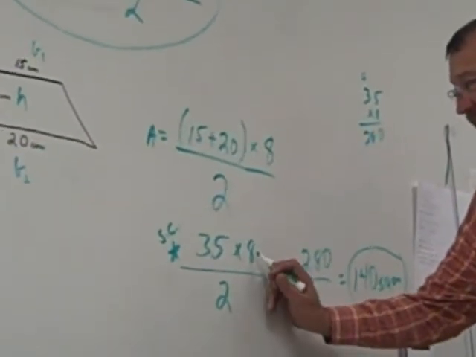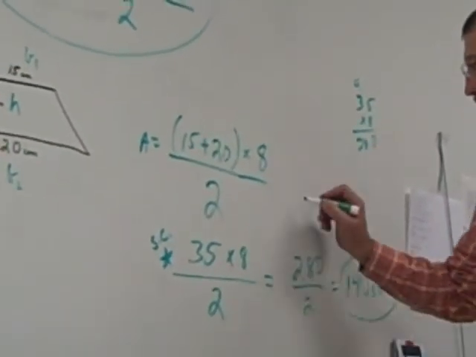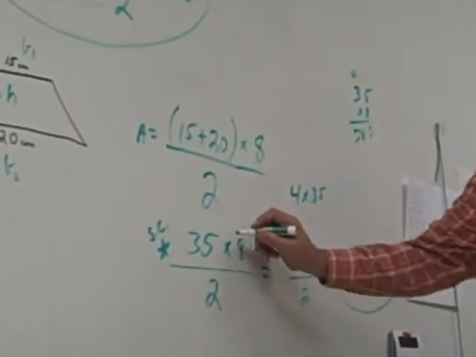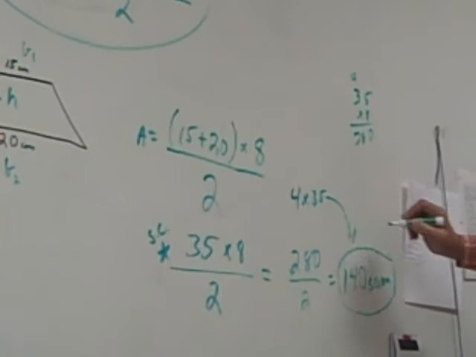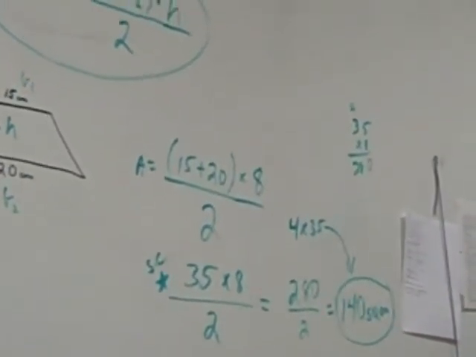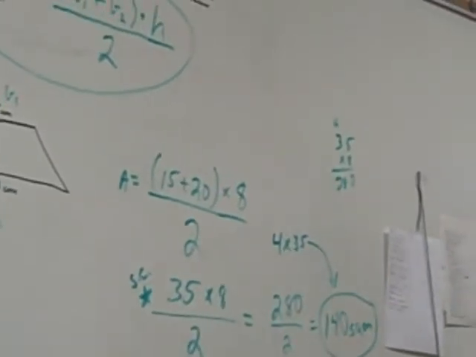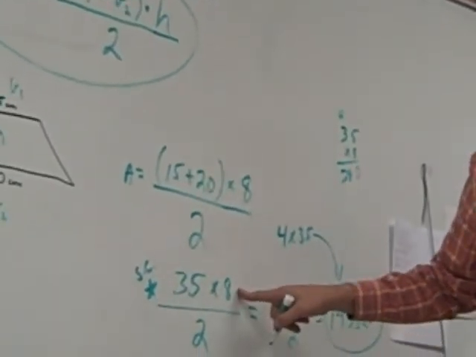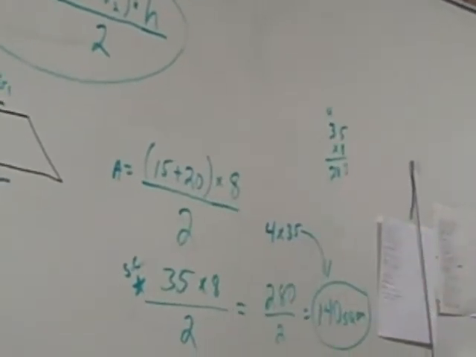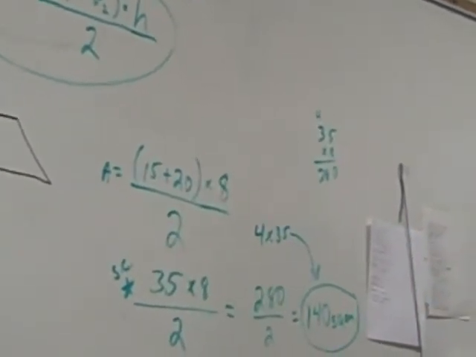What's half of 8, or 8 divided by 2? 4. Times 35 I still have. Guess what we're going to get? Our 140. So we can use the shortcut as long as you have an even number after we've done the parenthesis work. Is everybody with me?